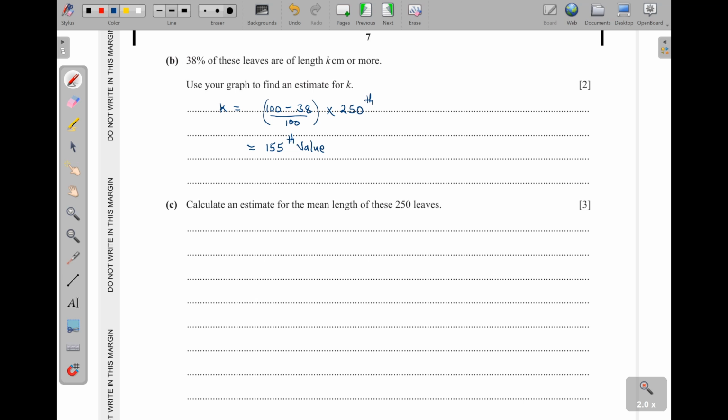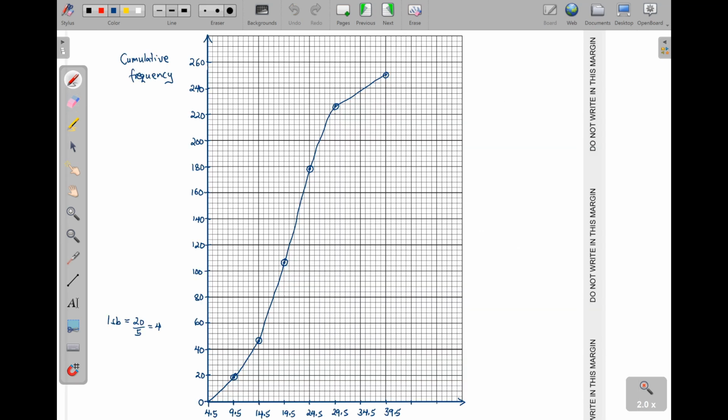Now we go to our cumulative frequency, we look for the cumulative frequency curve, we go to the cumulative frequency axis, then we look for 155, then we draw a line that meets with the curve, and then we read off the value from down here. 155, we have here 140.